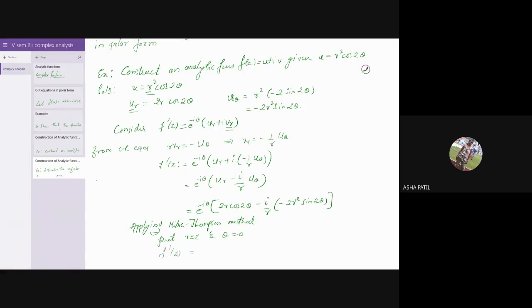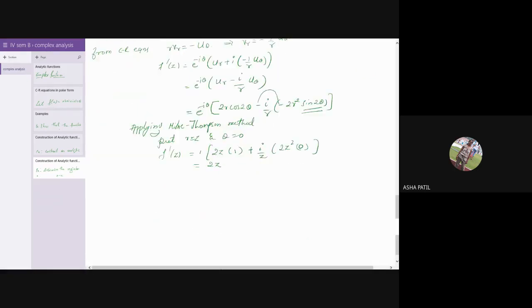So f dash z becomes e raised to 0, which is 1, 2 times z cos 0, which is again 1, minus into minus, let us write this as plus, i divided by z into 2z square, but sin 0 is 0. So anyhow, the term becomes 0 there. What remains is only this term. Since sin 0 is 0, the imaginary part totally becomes 0.